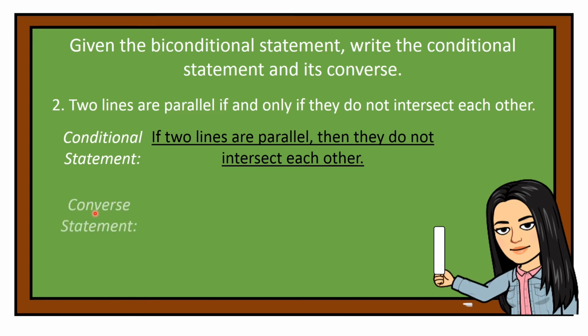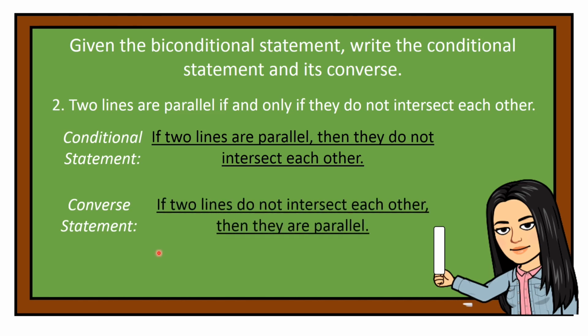Next is our converse statement, which will be, if two lines do not intersect each other, then they are parallel. As you notice, both the conditional and converse statements are true, which means our biconditional statement is also true.